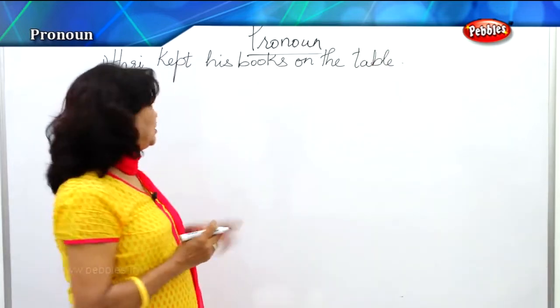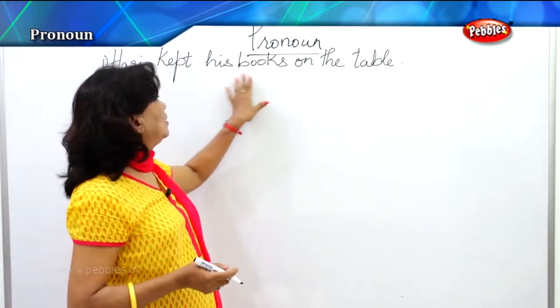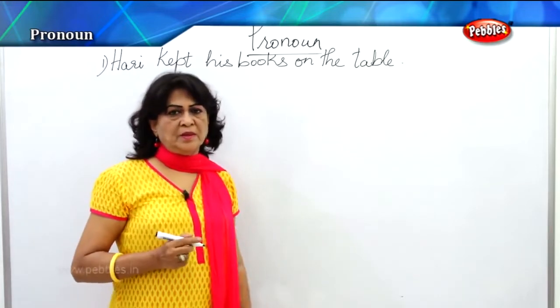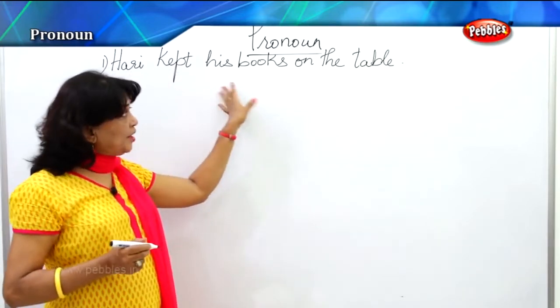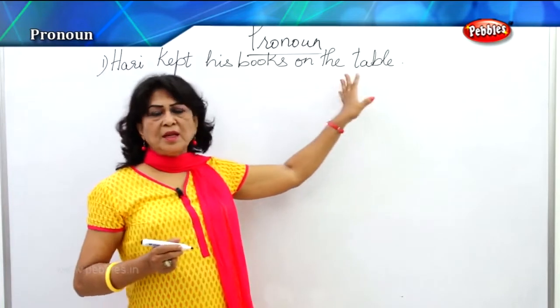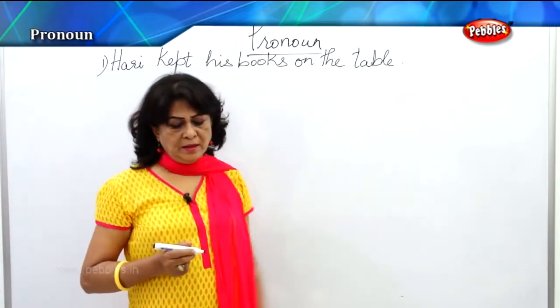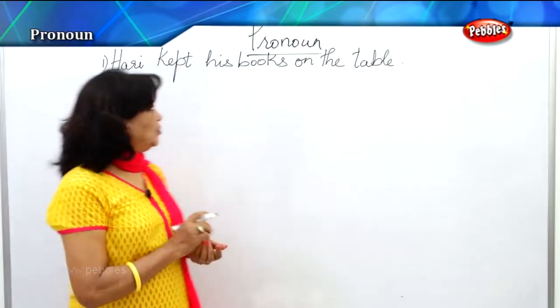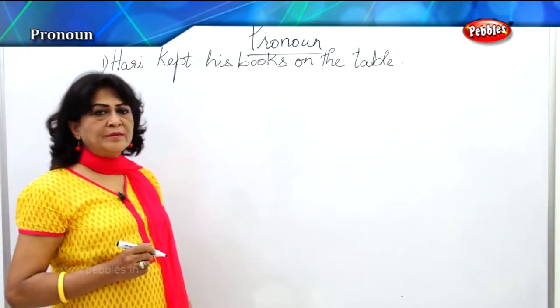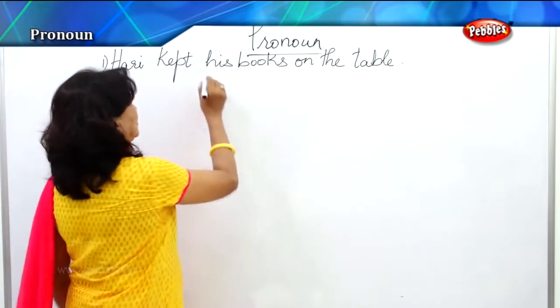Hari kept his books on the table. Hari அவனுடைய புத்தகங்களை டேபிள் மேல் வைத்தான். Kept னா வைத்தான். Okay, now which is a pronoun here? His.